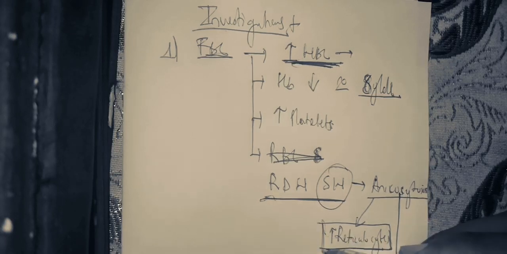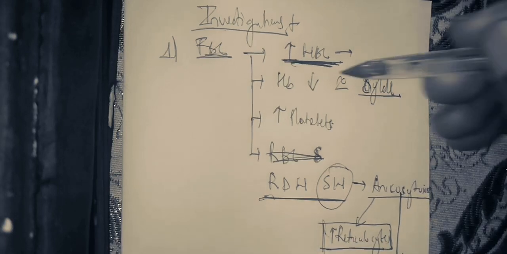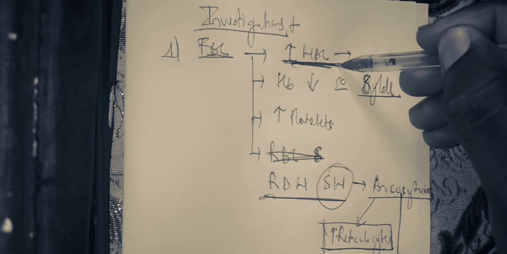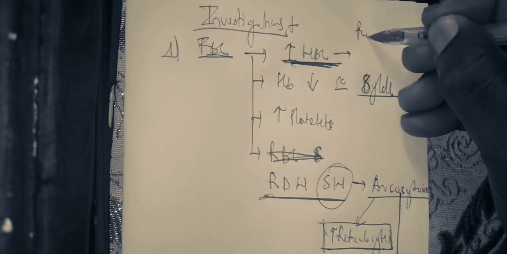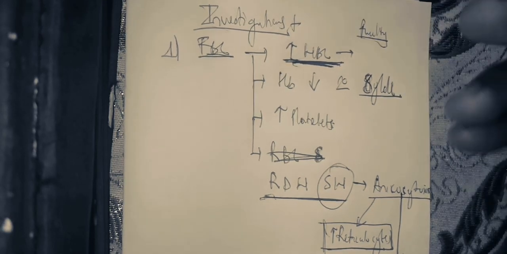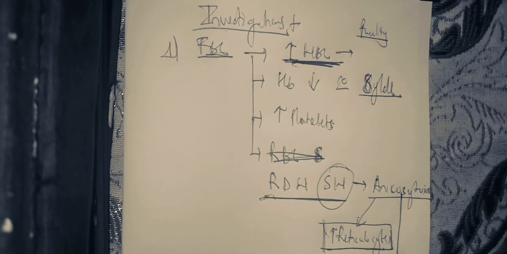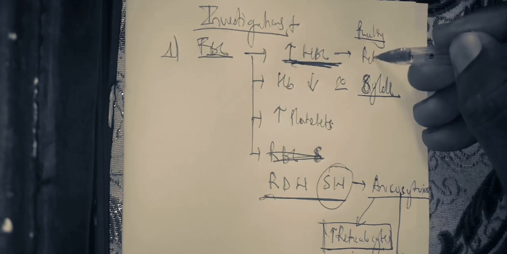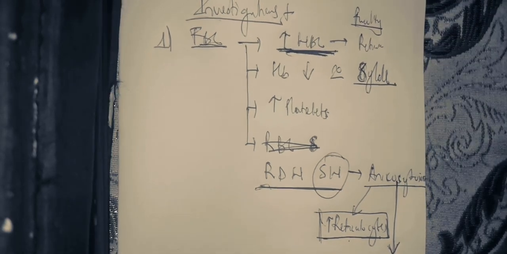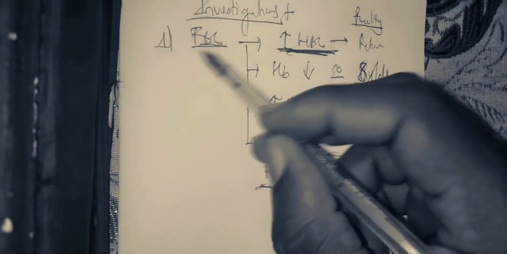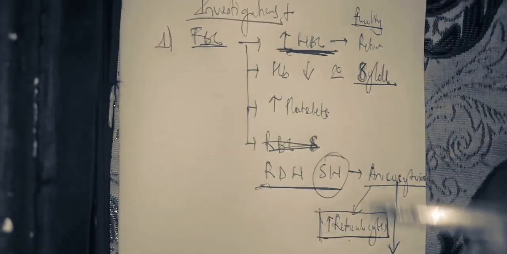The reticulocyte is going to be confused with the white blood cell, so it shows you a faulty elevated white blood cell count, and that faulty elevation accounts for the reticulocytes, which are also elevated.